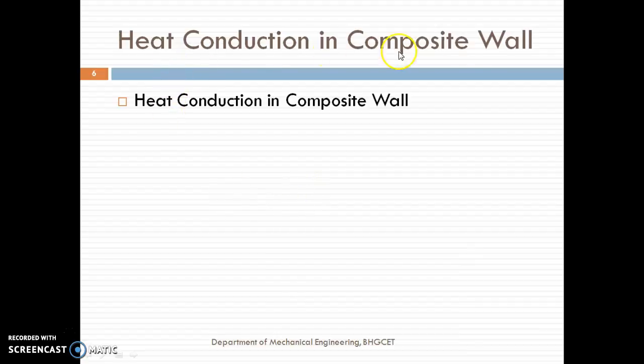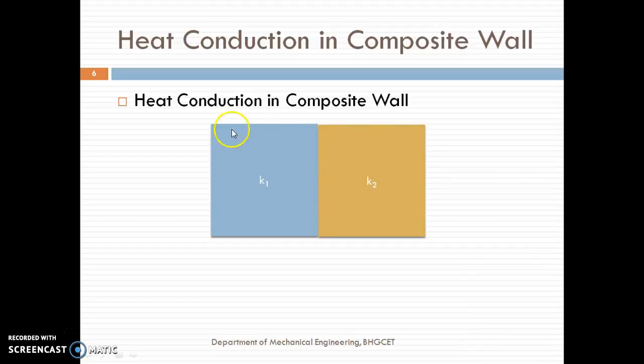Let us look at the heat conduction in composite wall. A composite wall is a wall made up of more than one material. In this figure, the wall is made up of two different materials having thermal conductivity K1 and K2. Suppose the thickness of material 1 is L1 and of material 2 is L2, and the area is the same for both materials.